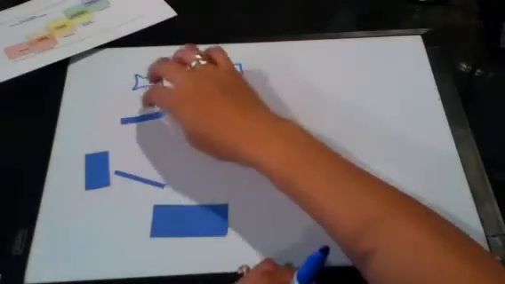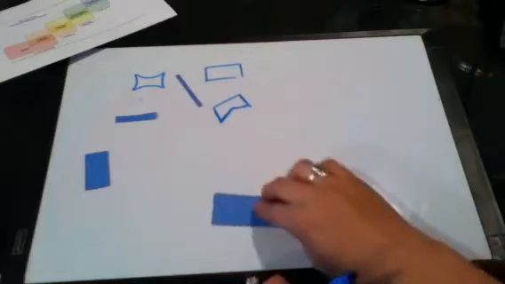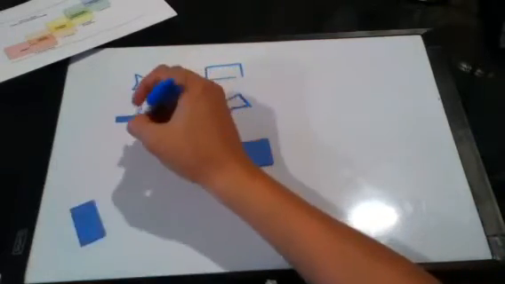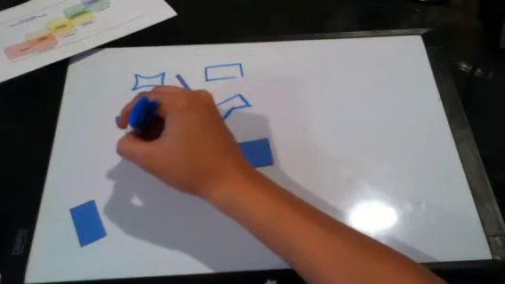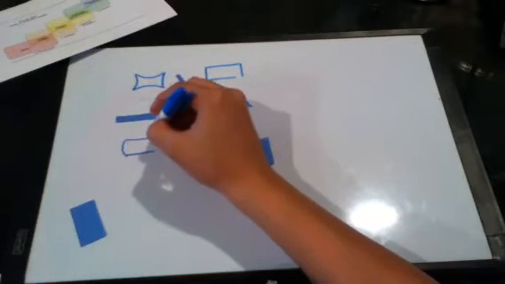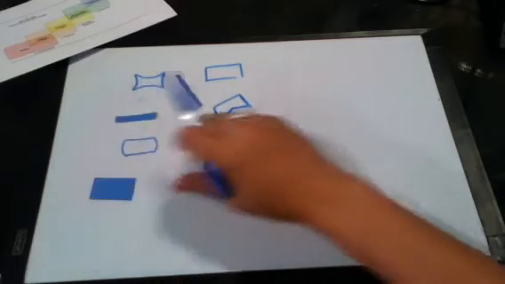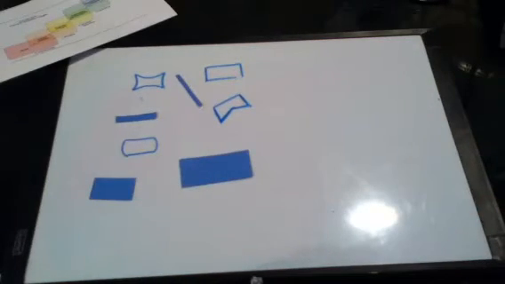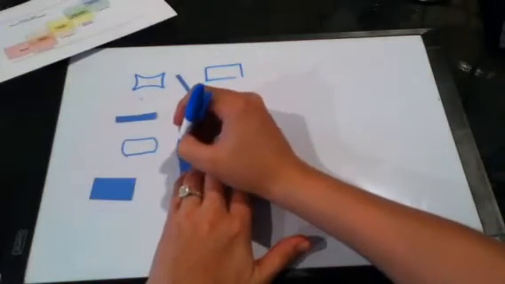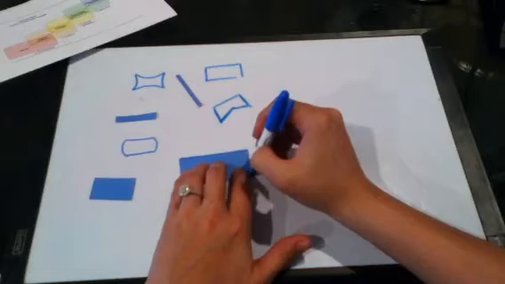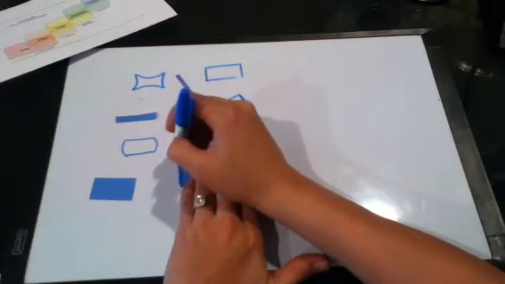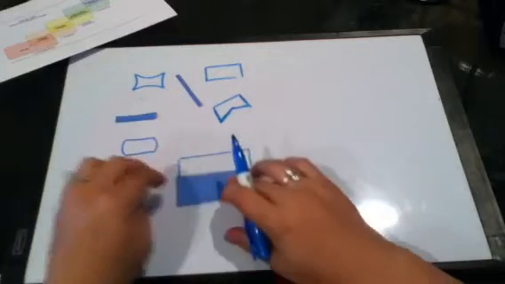Like put some of these here. Does that look weird? Having some of them actual shapes and some of them not? Okay. If you want to cut them, you can. It's going to be kind of annoying.